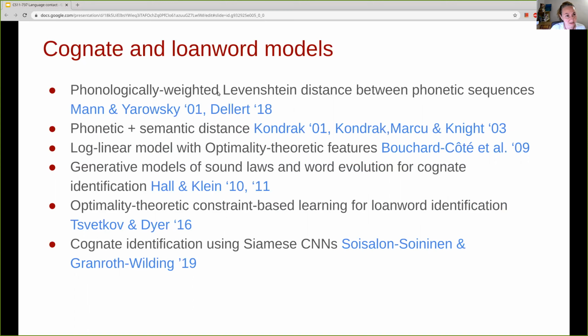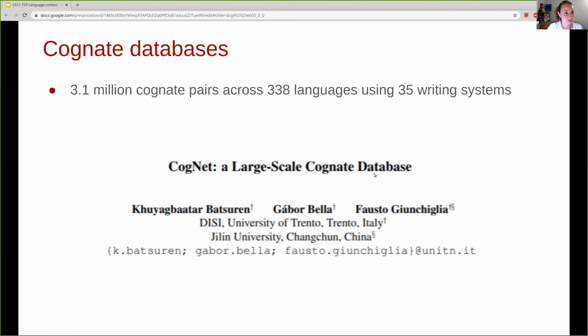So we automatically learn phonological mapping and the likelihood and apply some weighted edit distance in addition to semantic similarity. And these cognates were collected from existing databases such as WordNets across languages.